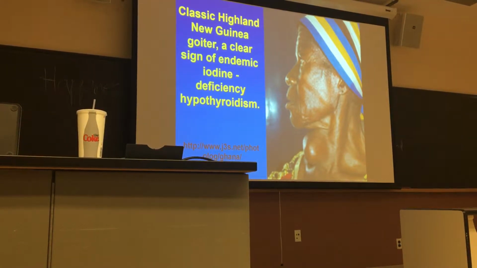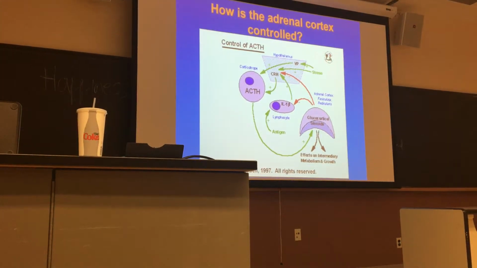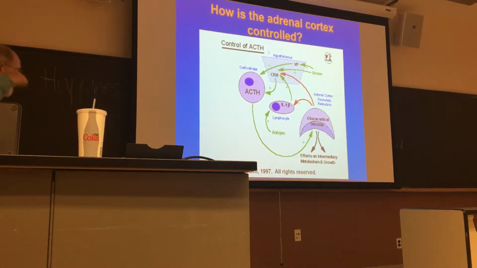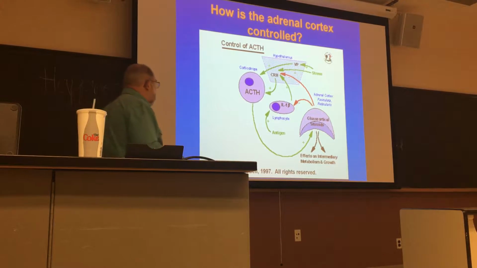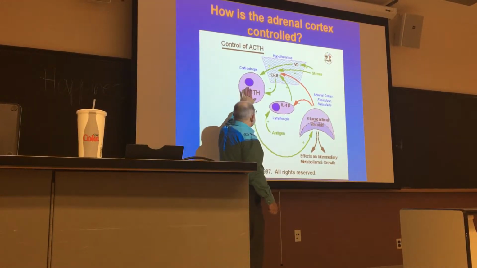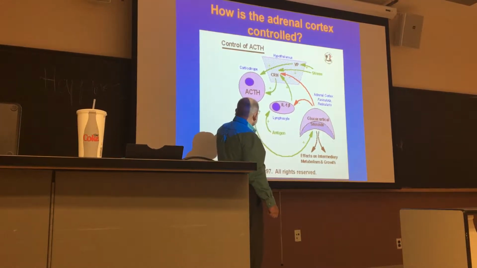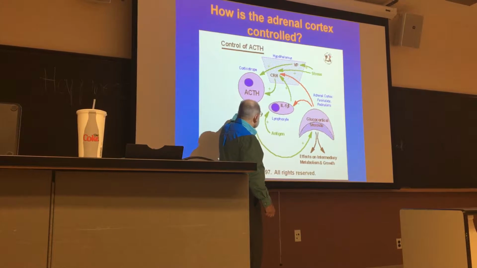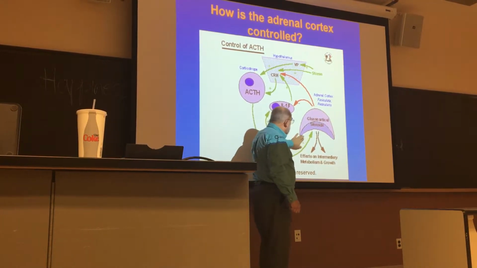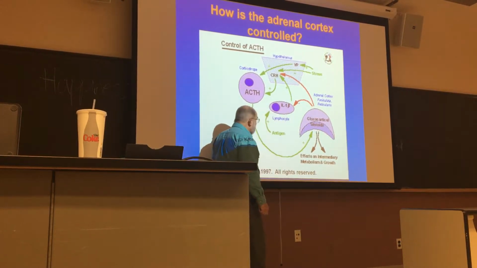Okay, now let's go on. So this is the next loop I wanted to pick up, and that's the control of ACTH, adrenocorticotropic hormone, which is normally going to stimulate the outer layers of the adrenal gland, the ones that make steroids, particularly corticosteroids.